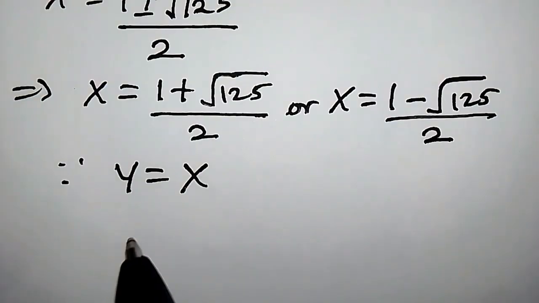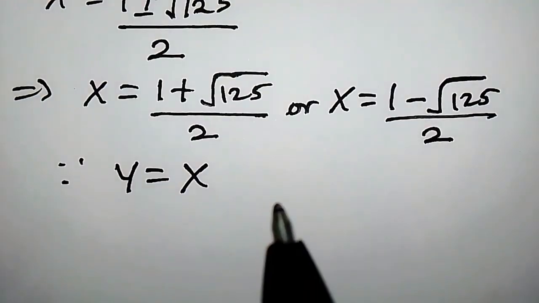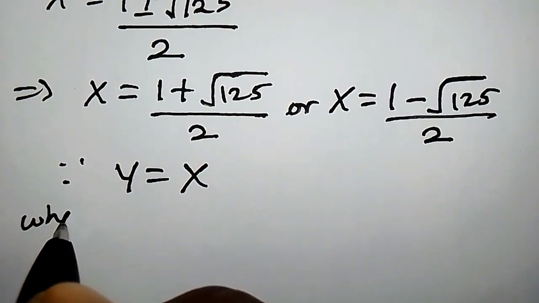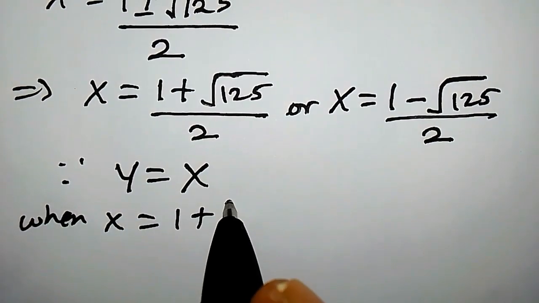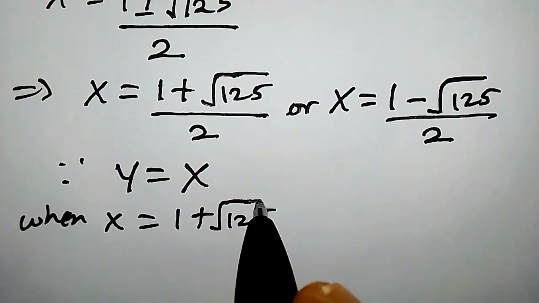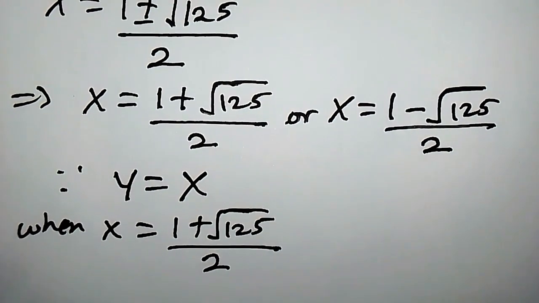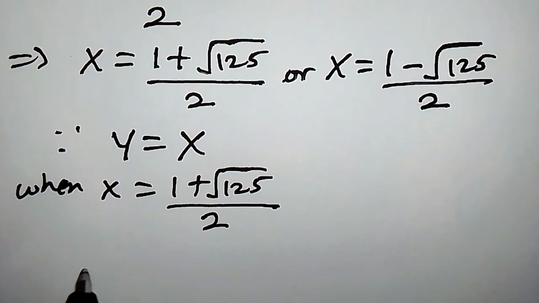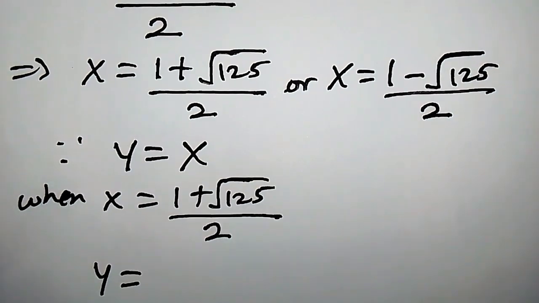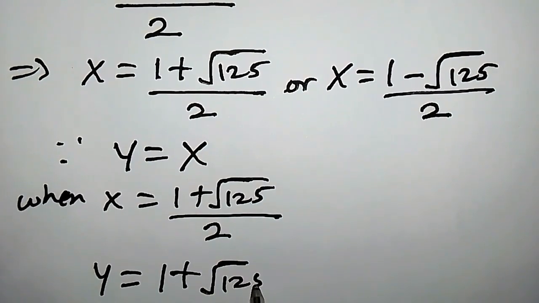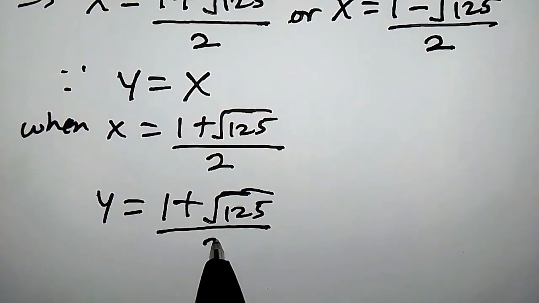Let's proceed further. What we have to do now is to consider each value of x. When x is equal to 1 plus square root of 125 divided by 2, what will now be the value of y? y is equal to, replacing this x with this, 1 plus square root of 125 divided by 2.